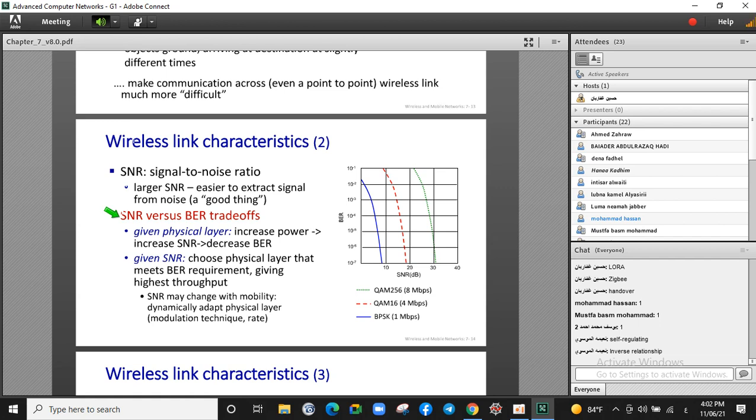But why don't the operators want to add more power to signals? Why don't they follow this strategy of using powerful signals to overcome noise?